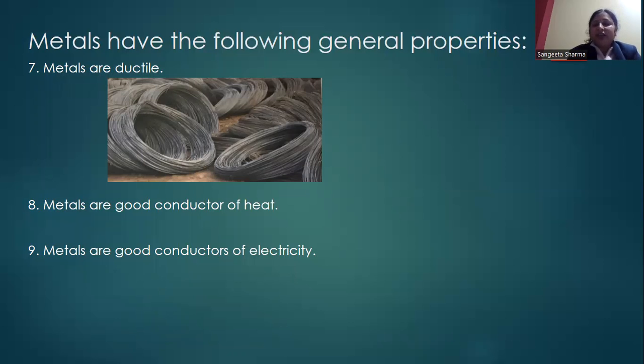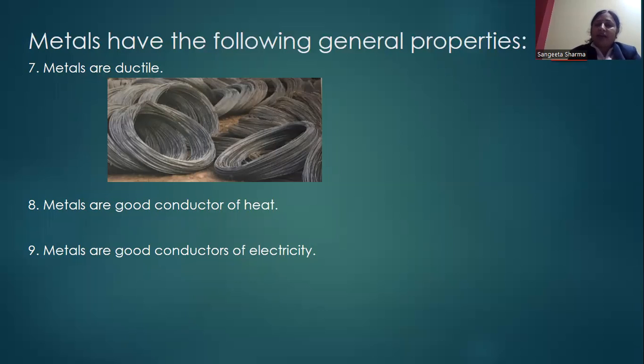That's why we use metal appliances. At home, in the kitchen, we use utensils made of metals: copper utensils, aluminium utensils, and generally stainless steel. They are good conductors of heat, that's why.